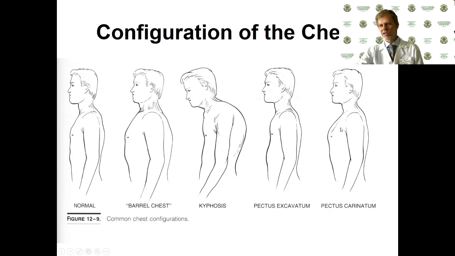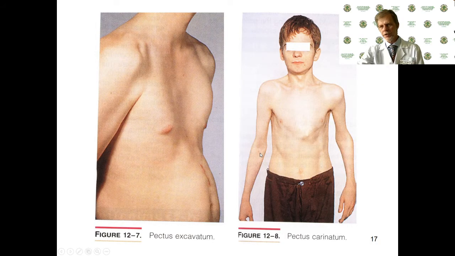Then pectus carinatum, or pigeon chest. Pigeon chest is classically a result of rickets, deficiency of vitamin D in childhood. These are other pictures, for example, pectus excavatum or pectus carinatum, so pigeon chest.